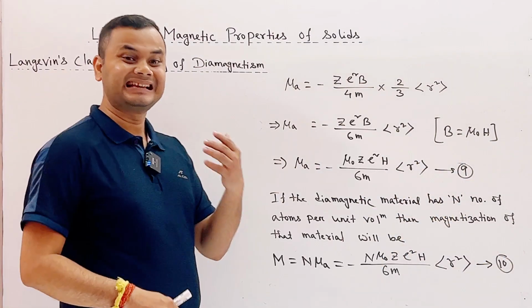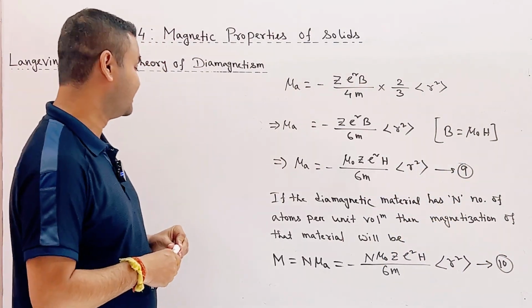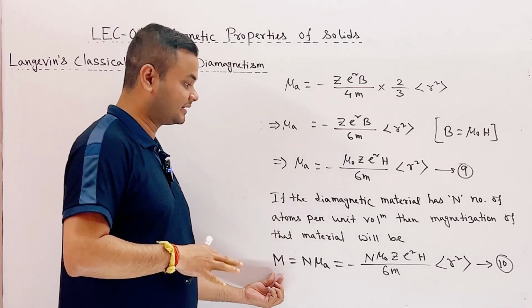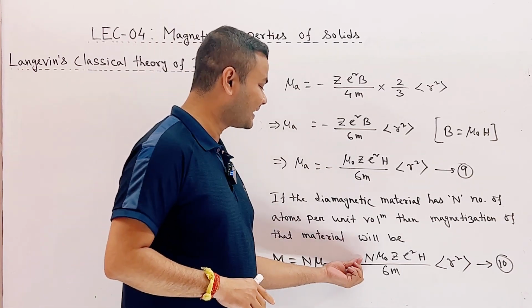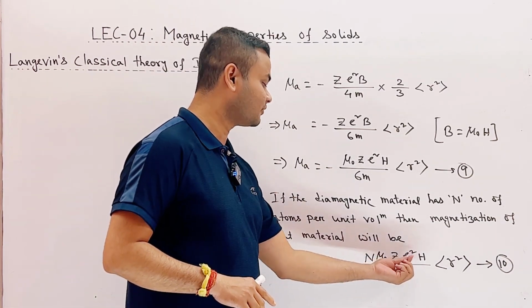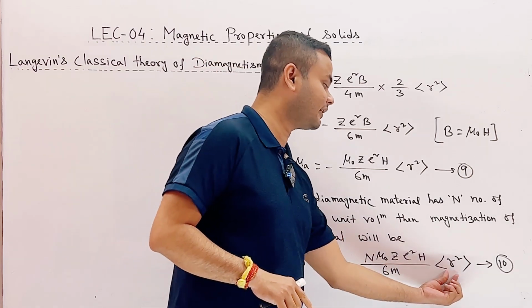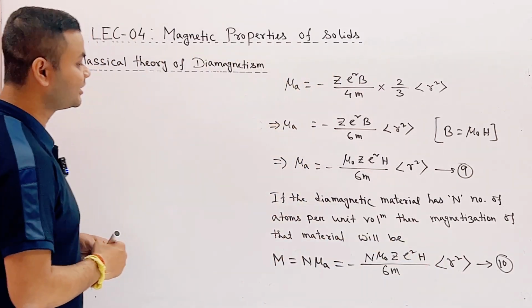So magnetic susceptibility of diamagnetic material becomes M divided by h, whose value will be minus n into mu naught into Z E square divided by 6m into average value of r square. Now let me write this point.